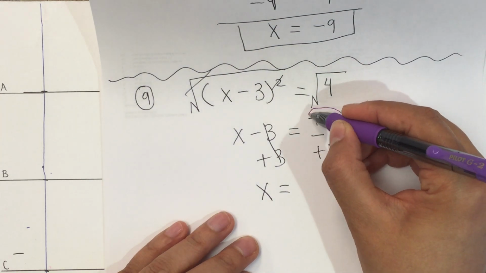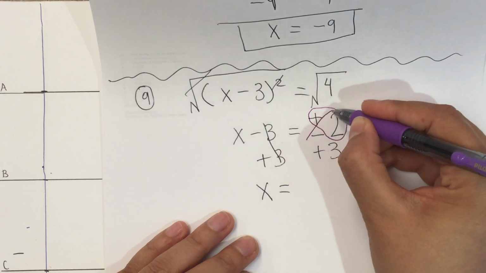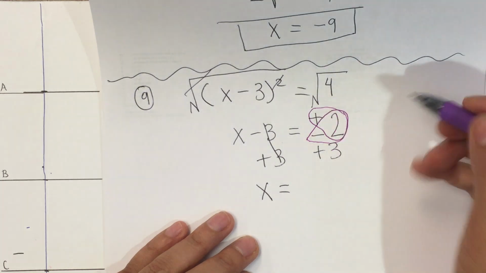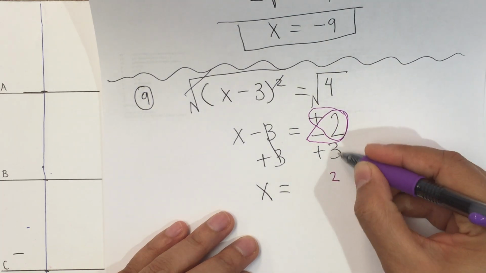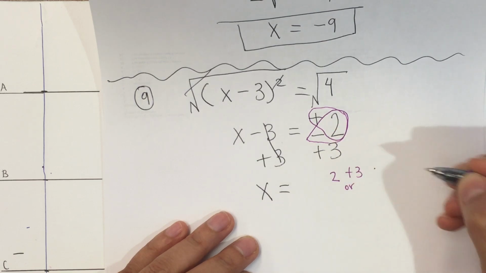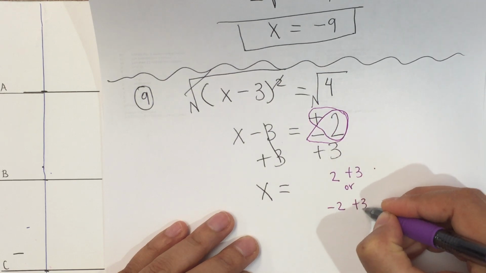This 2, we can say that it's positive at one time and then it's negative at another time. So some people like to separate it and say, okay, if I have positive 2 and I'm adding 3, or I have negative 2 and I'm adding 3.